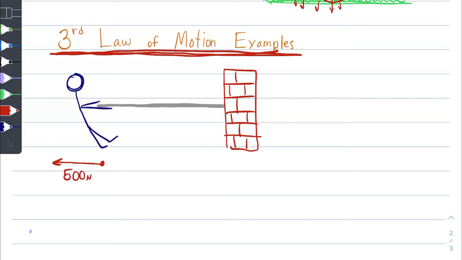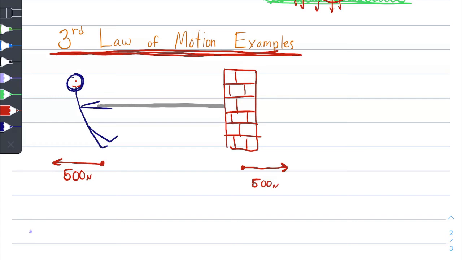Well, they're not moving. So based on what we've learned about free body diagrams so far, we know there must be some phantom force in the opposite direction, because this person right here is not moving. They're trying so hard, but they're not moving, which means that this brick wall is actually applying a force in the opposite direction that is also 500 newtons.